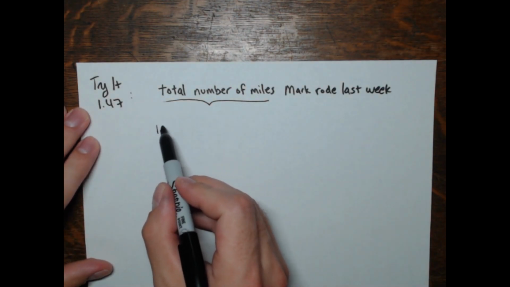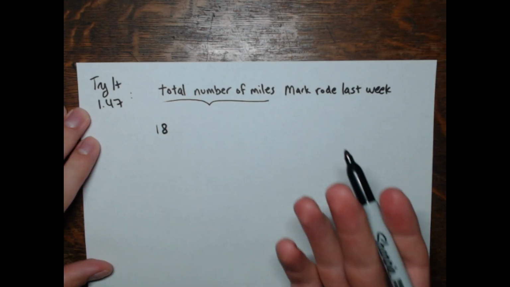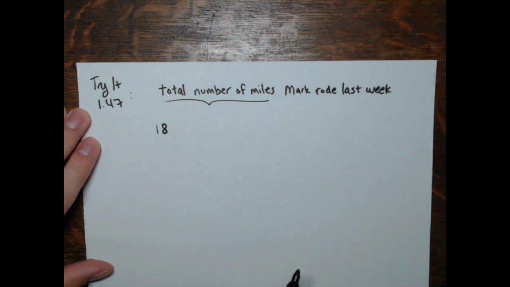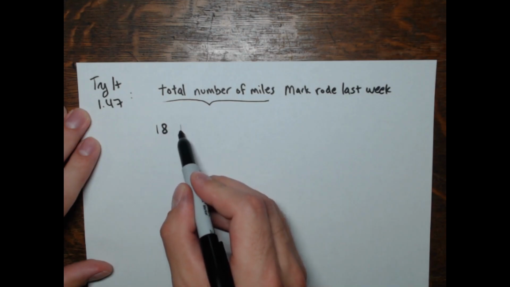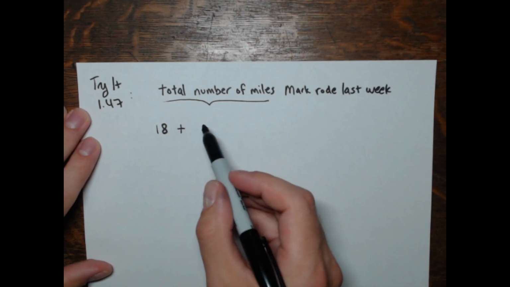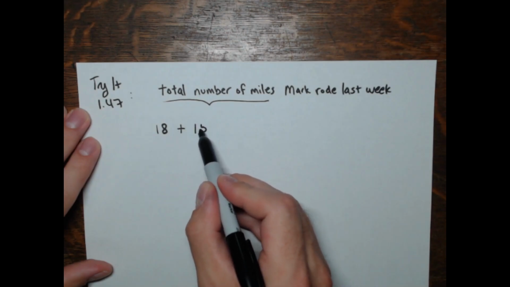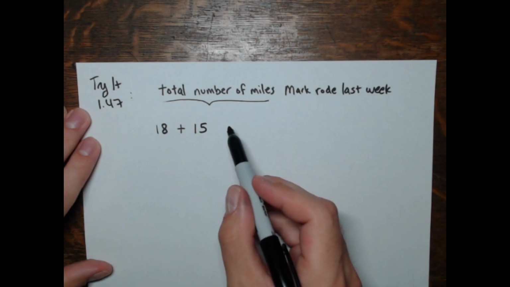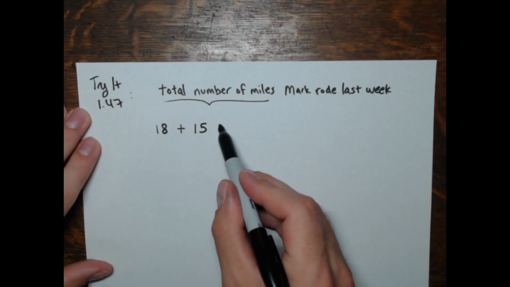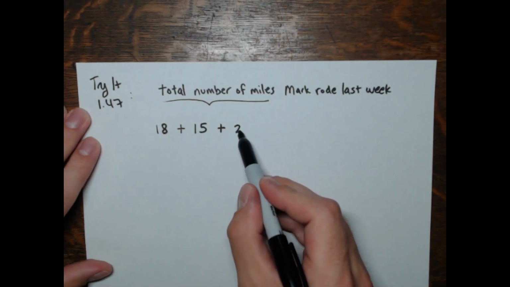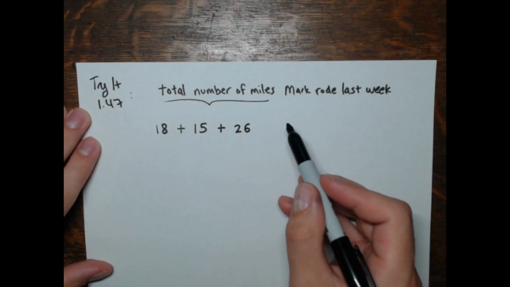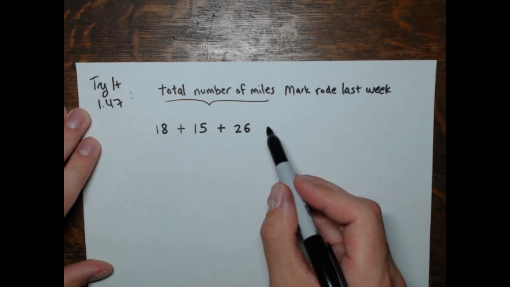We're going to add up those numbers of miles that were mentioned in the problem. So there were 18 miles. So here comes the translate to math part. 18 miles on Monday. Add to that the 15 miles on Wednesday. We're going to add to that the 26 miles on Friday.